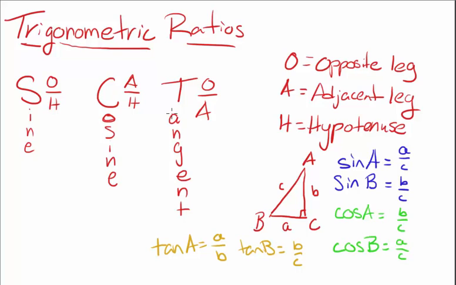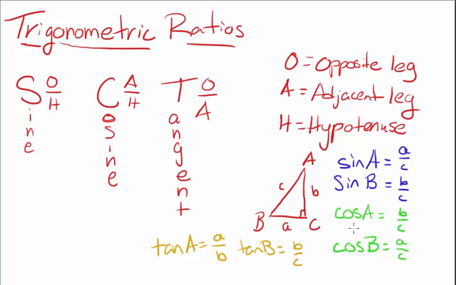Going back to SOHCAHTOA on the left, for any sine function, it's going to be opposite over the hypotenuse. For our triangle, that side would be A divided by C, the hypotenuse, which is the side opposite the right angle. So sine A would equal A over C. If I take my different angle, angle B, I would have the opposite side of B, which would be side B, divided by the hypotenuse, which once again is C.